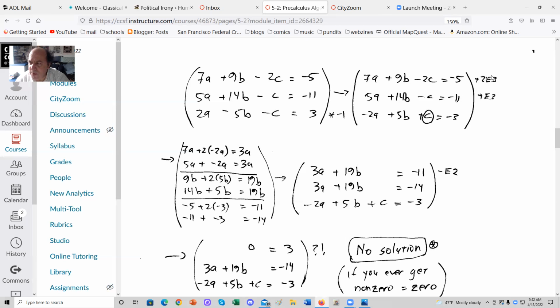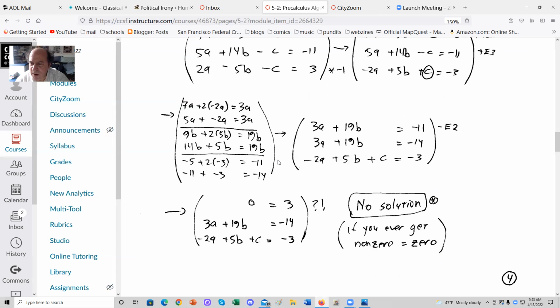And negative 5 plus twice negative 3 is a negative 11. 5a plus negative 2a is 3a. 14b plus 5b is 19b. And negative 11 plus negative 3 is negative 14.